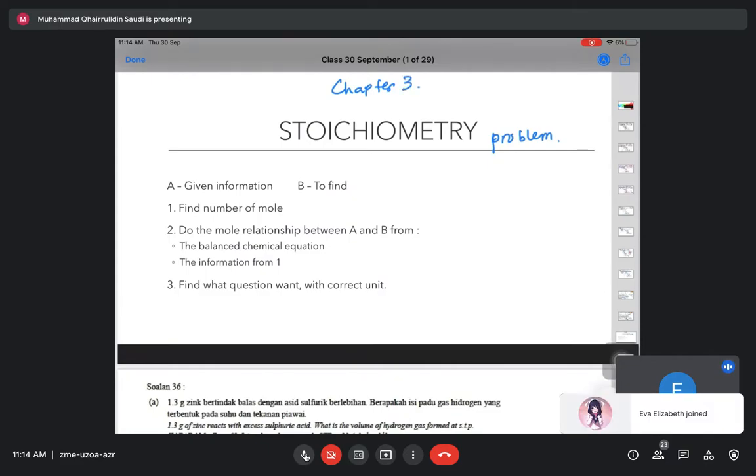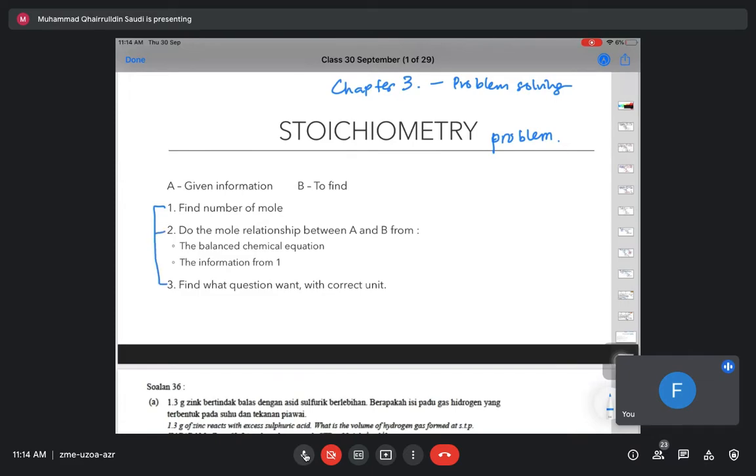Okay, it is a calculation, problem solving calculation. In stoichiometry, you will have to do 3 steps. And you usually need chemical equation. That's why the chemical equation is given in this question.